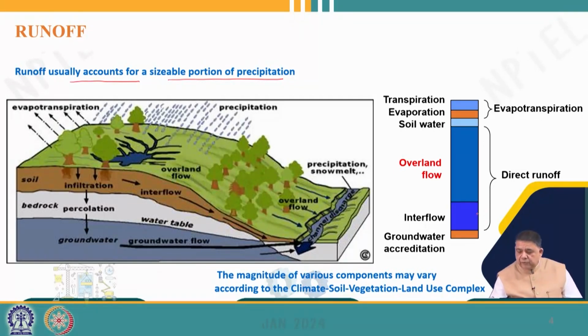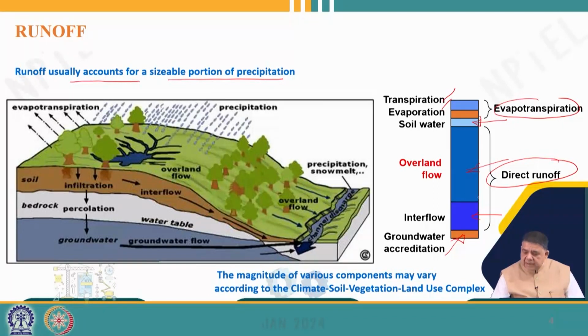On top we have evapotranspiration, that is transpiration and evaporation, then a soil water component, then at the bottom groundwater accretion, and interflow and overland flow, which is direct runoff. Of course, the entire interflow is not direct runoff; a part of that could also join the delayed interflow, the base flow or the groundwater flow. But as you can see, a major component of precipitation is direct runoff.